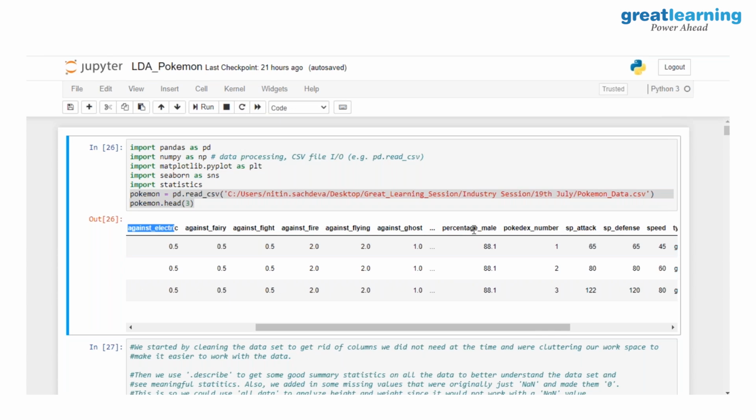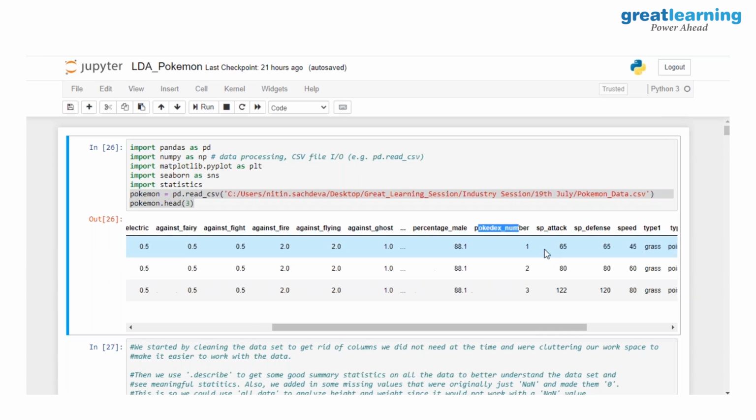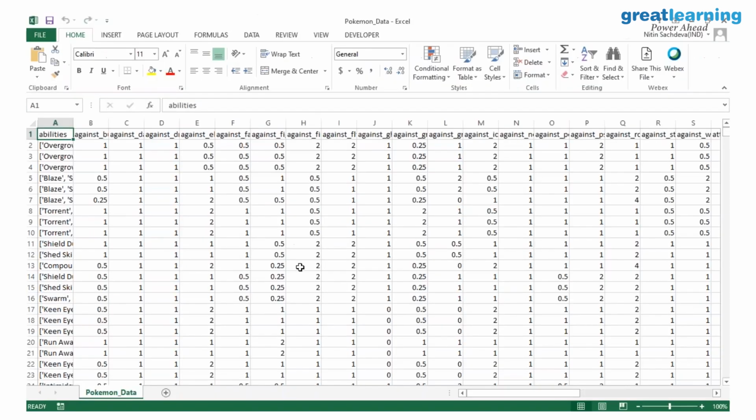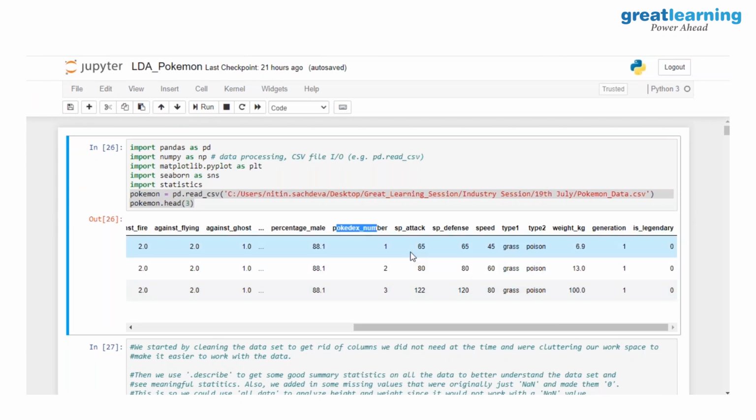Now this is the percentage of male, the Pokédex index, the special attack, special defense, the speed. There are 2 different types of Pokemon that we have used. So we have the data here. It's the same problem. So speed, type 1, type 2, the weight. Some of the variables are missing here, I'll just show them in the Excel.